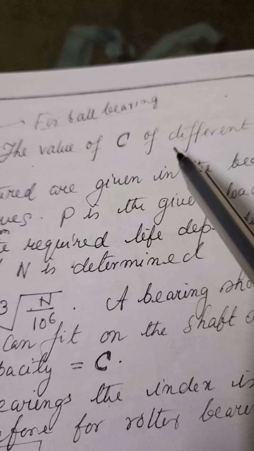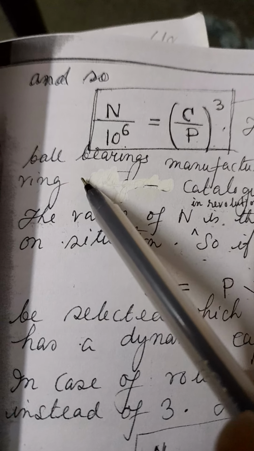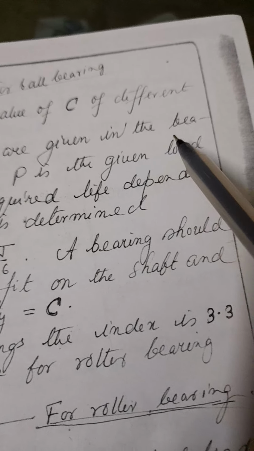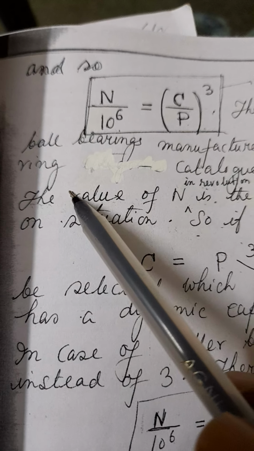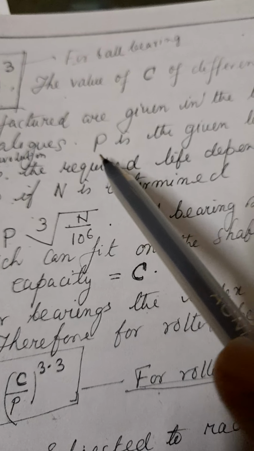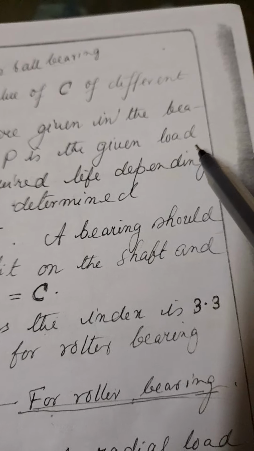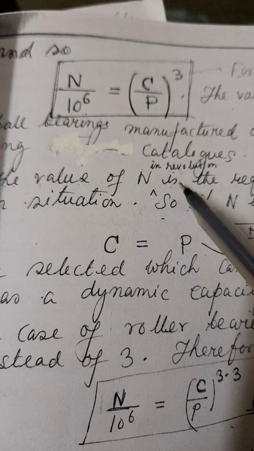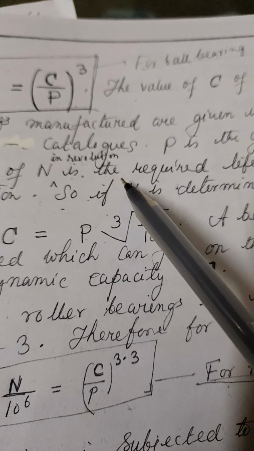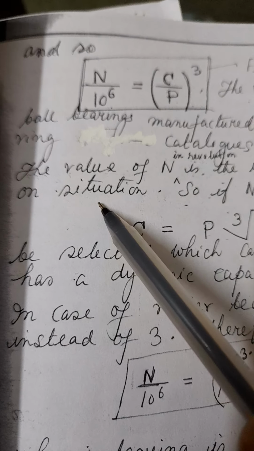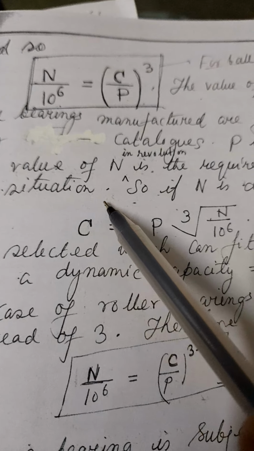The value of C of different ball bearings manufactured are given in the bearing catalogs. P is the given load. The value of N in revolutions is the required life depending on the situation.